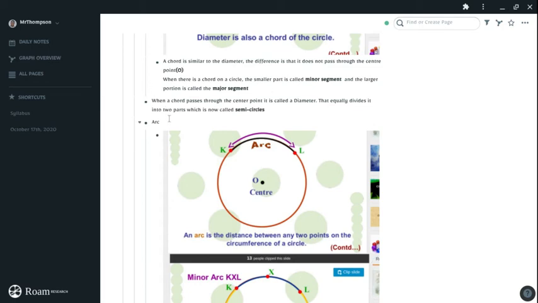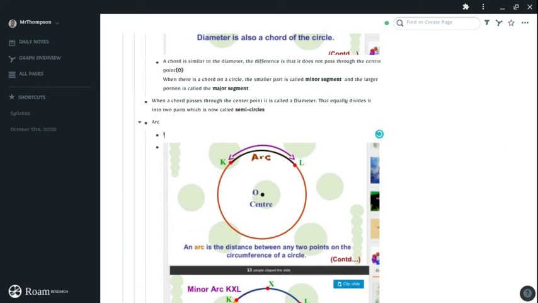Let's write that down. If we were to connect the point K to the center, remember what we said about the definition of a word that starts with R? Radius. Right.